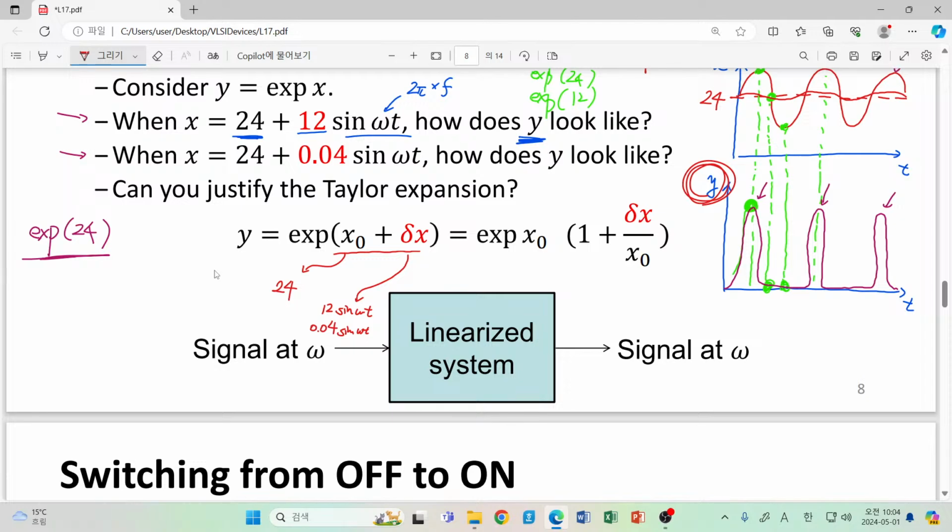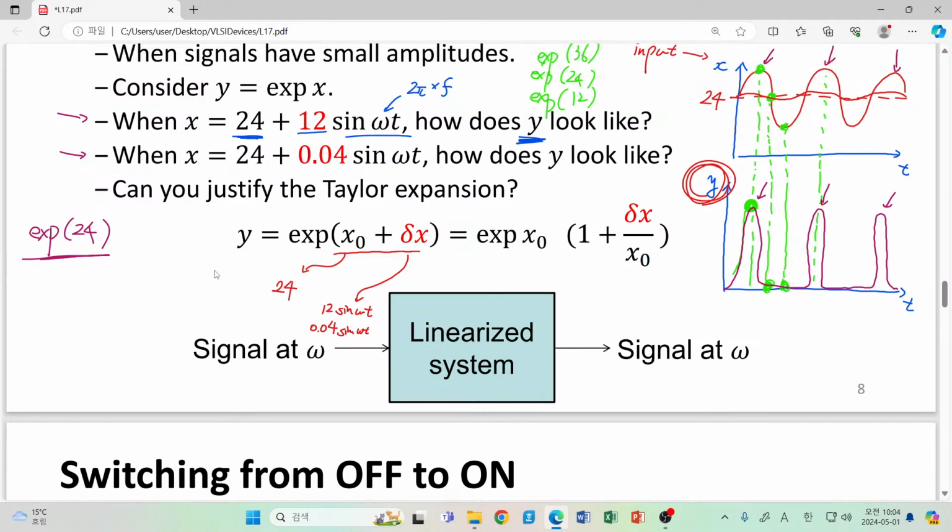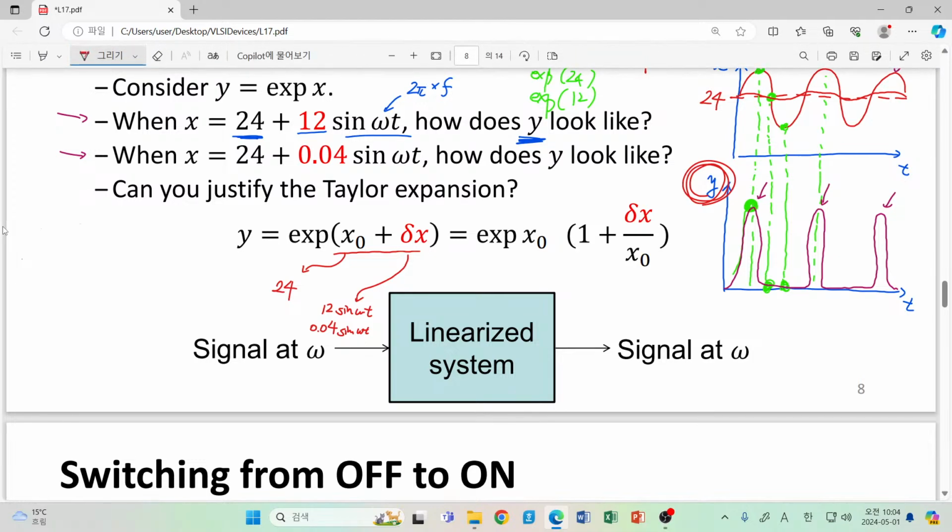So in this setting, please do the Taylor expansion. When we do the Taylor expansion of exponential x naught plus delta x, we can do it this way: exponential of x naught, times 1 plus delta x over x naught.